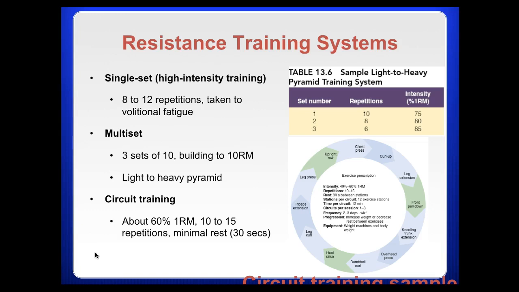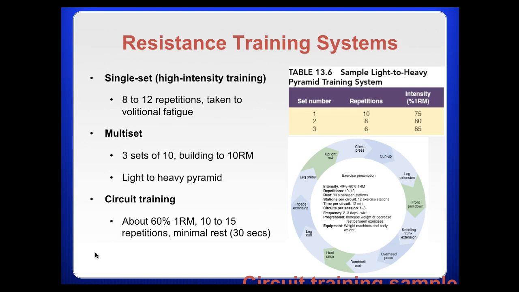The multi-set system is going to enhance strength and power. We want to do this for 3 sets of 10 reps, building to 10 RM. So a way to do this, for example, would be that your first set of 10 reps is at 50% of 10 RM. Your second set of 10 repetitions would be at 75% of 10 RM.